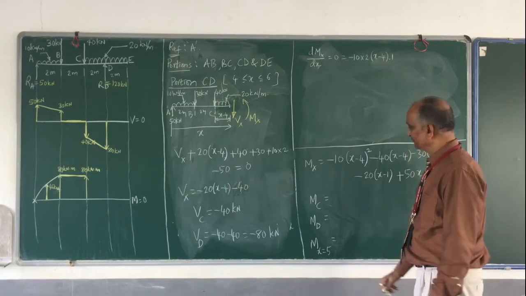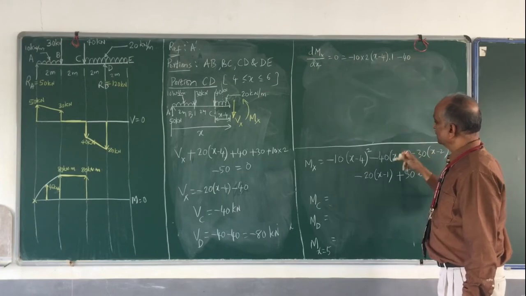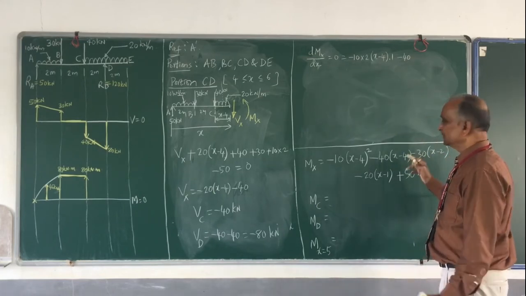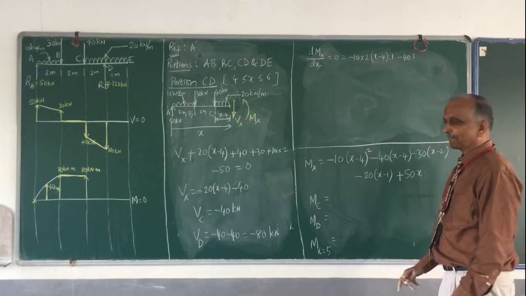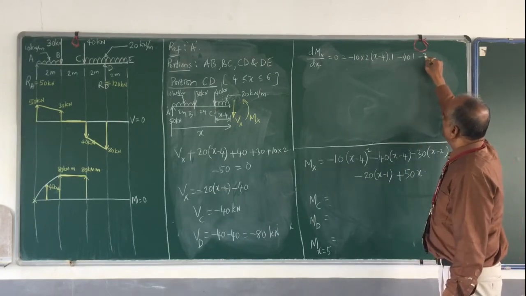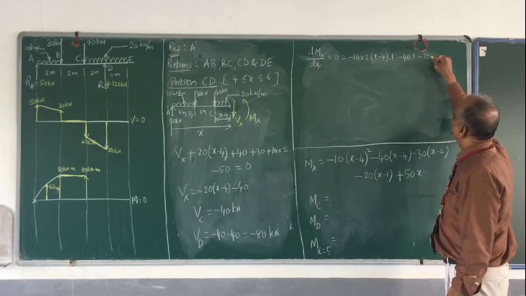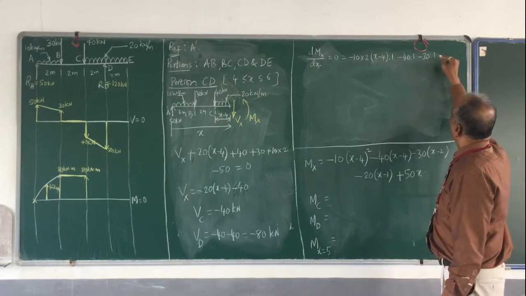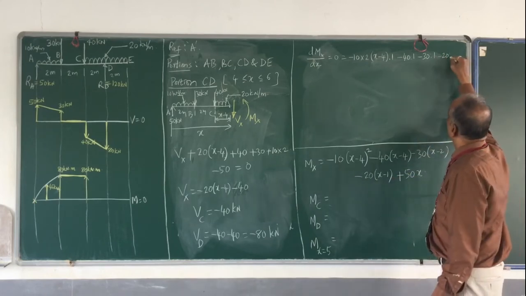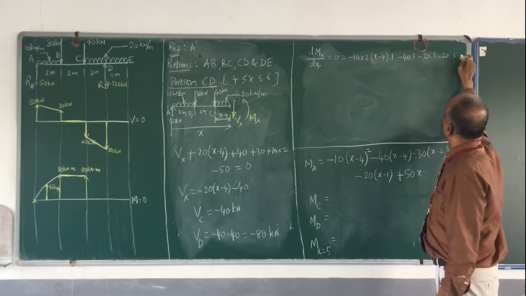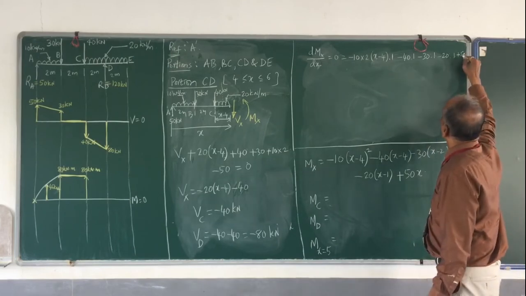Differentiation of x is 1. Minus 40 into differentiation of x minus 4. You are differentiating with respect to x only and therefore it is 1. Then minus 30 into differentiation of x minus 2, that is nothing but 1. Then minus 20 into x minus 1, that is 1. Plus 50 into differentiation of x, that is nothing but 1.